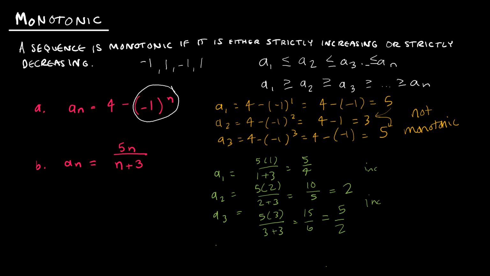And I can keep finding as many values as I need in order for me to be convinced. But as I can see, this value is growing at a higher rate than this value. So this number is going to keep getting bigger, and so is this number, but this is going to get bigger faster. And so it's very clear that this is going to continue to increase. So this is monotonic.